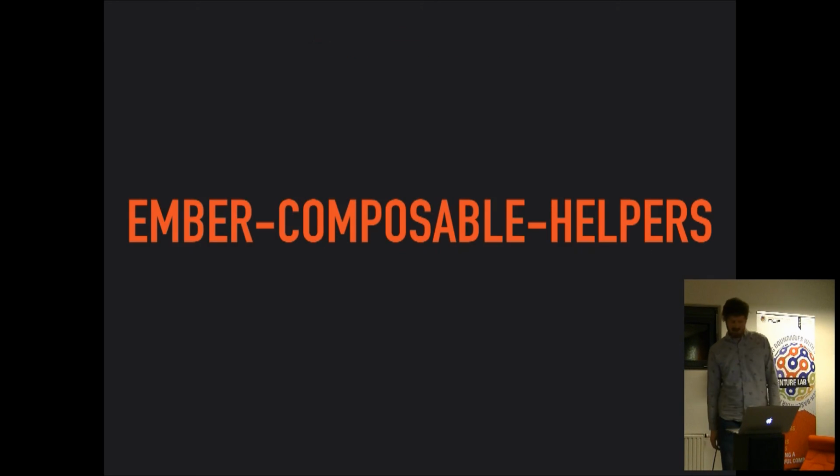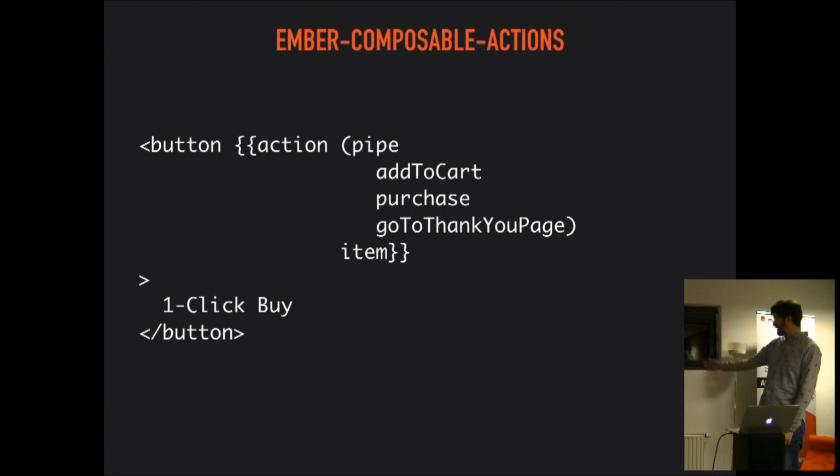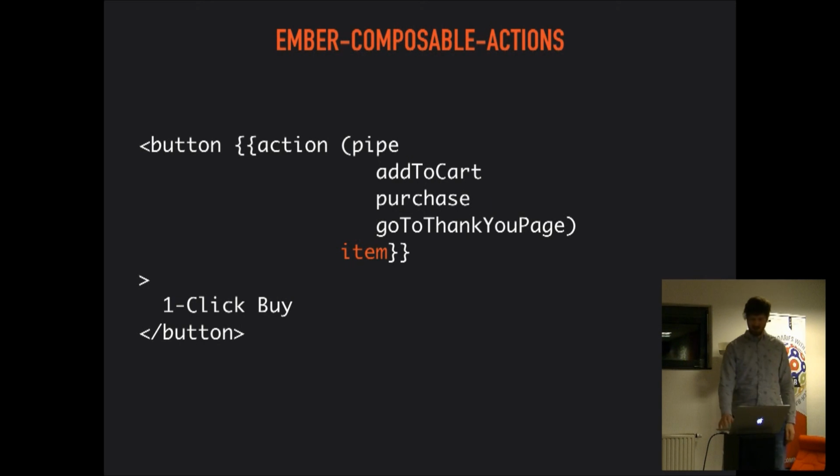And the last one is ember-composable-helpers, which I helped develop a bit. So for example, here we want to have one-click buy. You add to the cart, purchase, and go to the thank you page. So we add them, and then the item will be passed to add to cart.